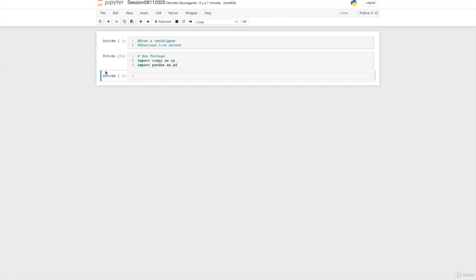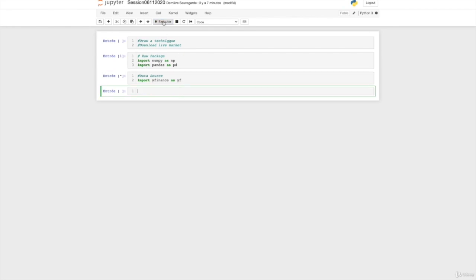If you remember well, Pandas data reader works very well to download previous market data. But if you want live market data, you're going to have to go through the Yahoo Finance API. That's what we are going to do here. Choose Yahoo Finance API as a data source, and use Plotly in order to visualize our data and our band.